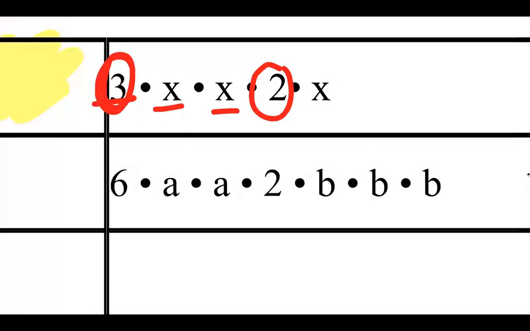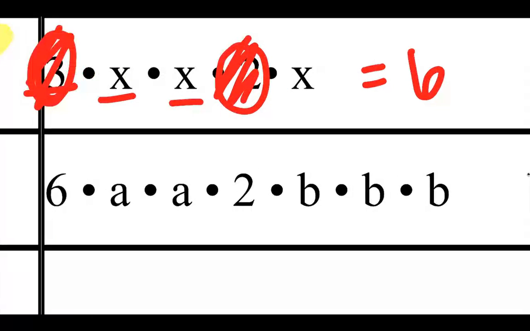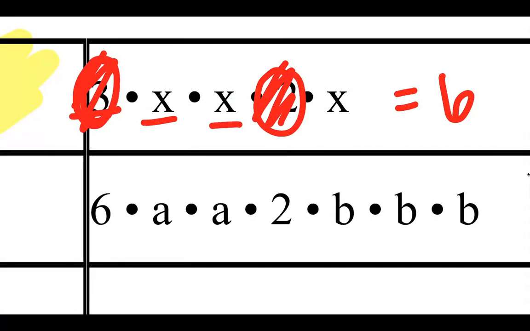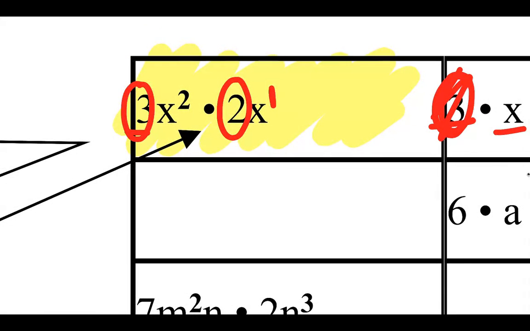So 3 times 2 would give me 6. So you can always multiply the numbers together. Numbers are gone. Now, I can also multiply the exponents together. So either using this or using this, I could multiply 3's and 2's and get 6, right? Numbers are gone.